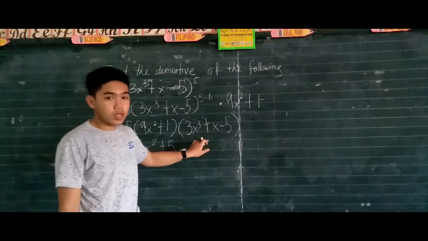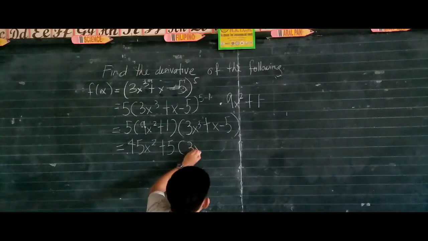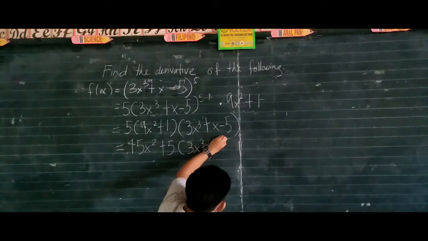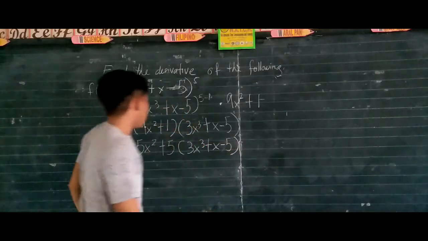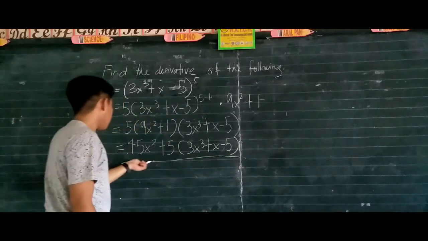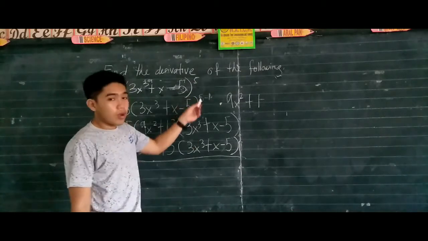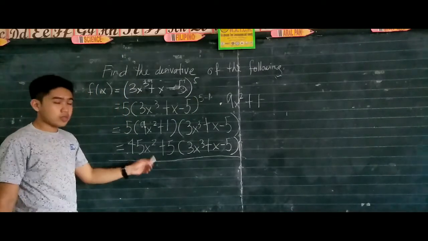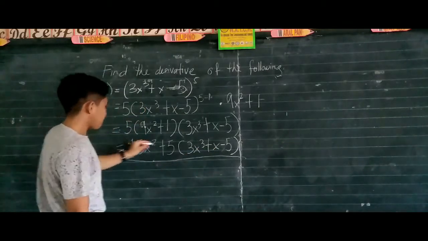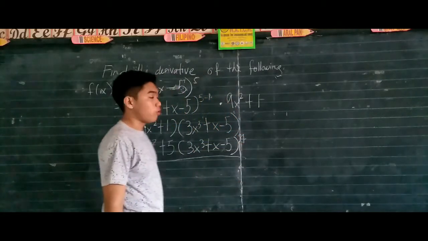And then you just bring down 3x cubed plus x minus 5. And so here it is, you got the final answer. So the derivative of 3x cubed plus x minus 5 raised to the power of 5 is 45x squared plus 5, times 3x cubed plus x minus 5, raised to the power of 4.